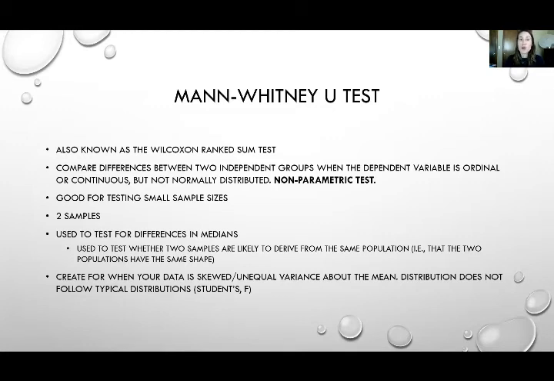For our circumstance, the two independent groups are sites that have groundwater contamination versus sites that do not have groundwater contamination. And the dependent variable needs to be ordinal or continuous. In our circumstance, our dependent variable is the depth to groundwater, and that's a continuous variable.